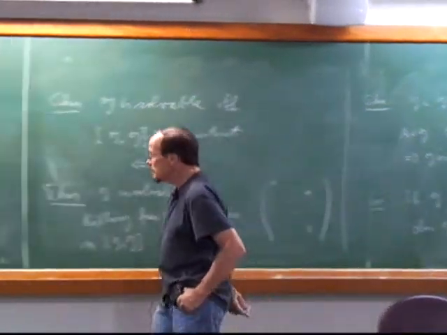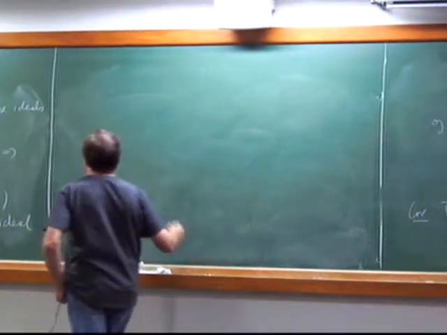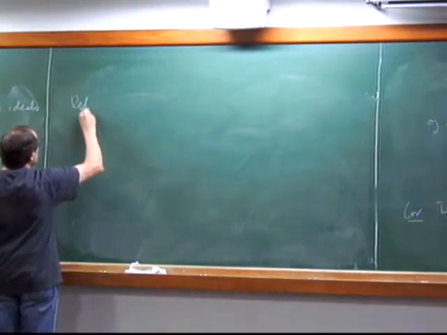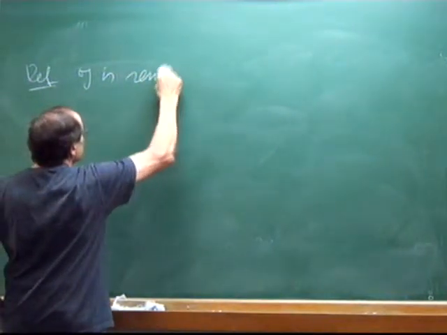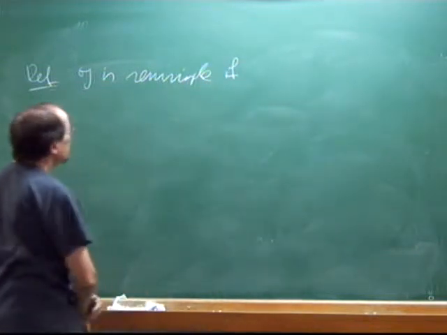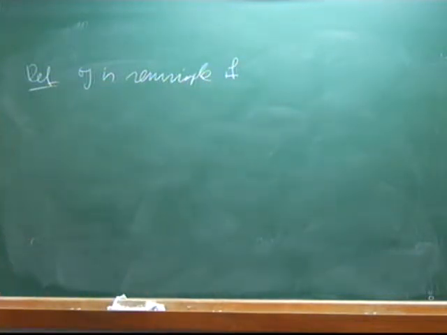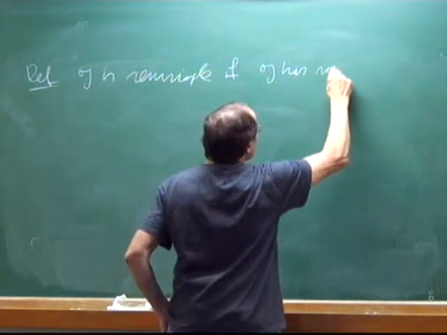So let me start the important topic that I want to get to in more detail, about semi-simple Lie algebras. There are various characterizations. One is if G has no abelian ideal, then it is called semi-simple.